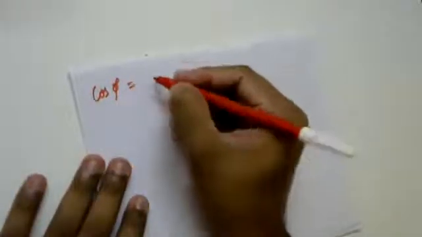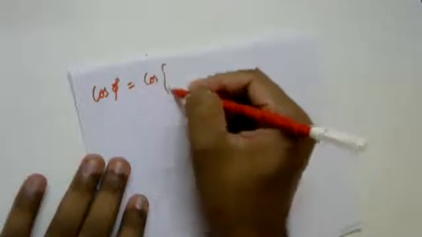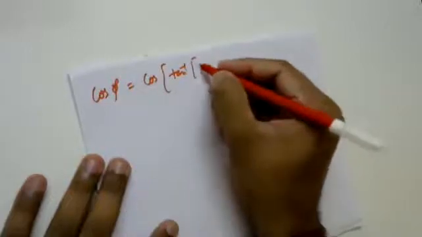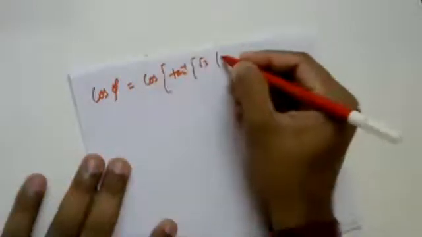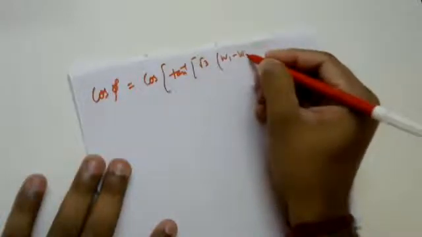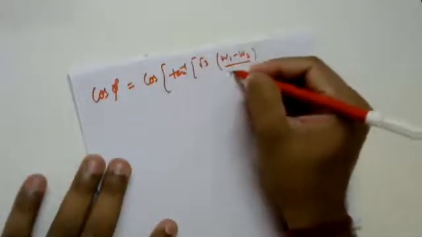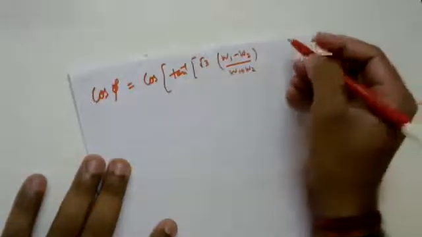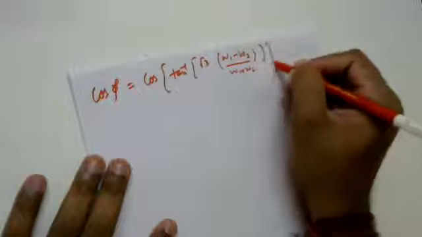The equation for power factor is given by cos phi is equal to cos of tan inverse of root 3 into (W1 minus W2) divided by (W1 plus W2). Am I right?